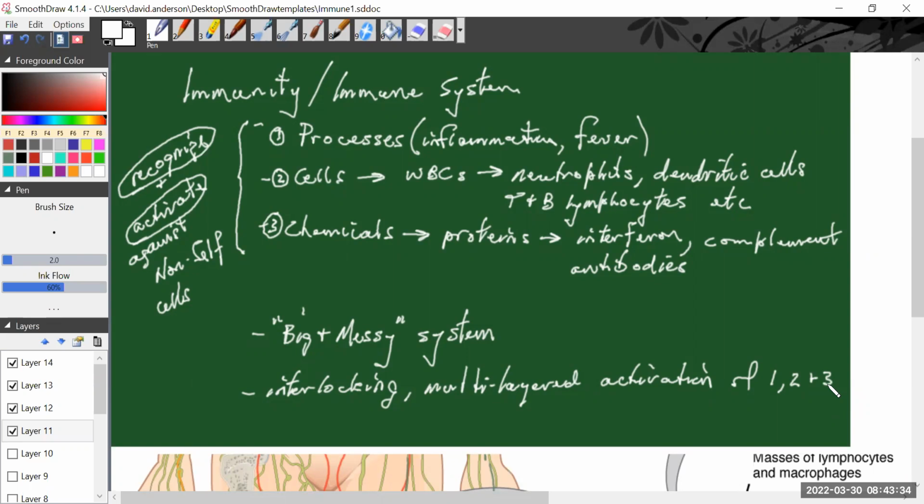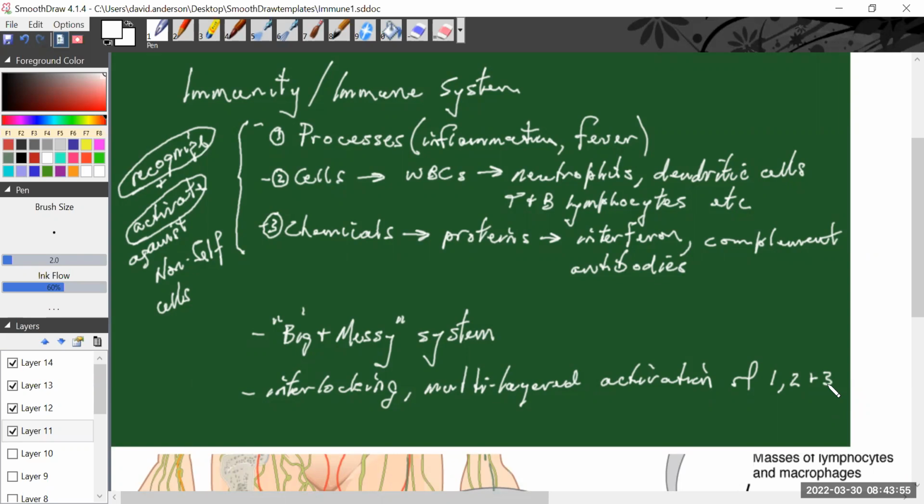When we get recognition, we're going to recruit immediately every tool in the immune system we have available to us to activate and destroy the possible threat from those non-self cells. So it's interlocking, multi-layered activation. It's not first one and then the other.